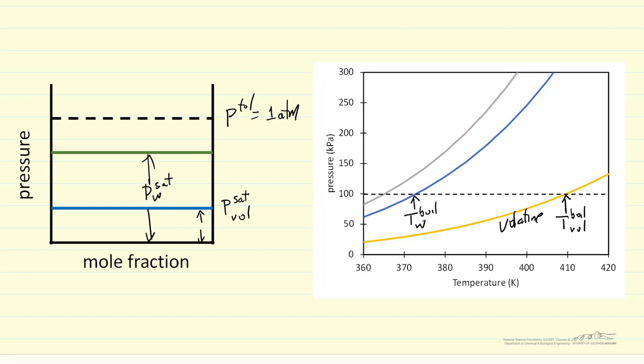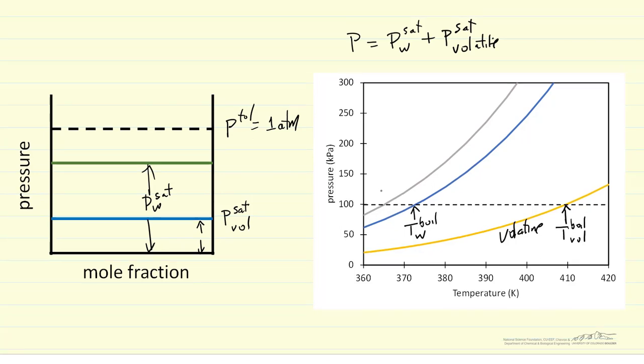When we have immiscible liquids, the pressure above them is just the saturation pressure of the water plus the saturation pressure of the volatile. We can add them together because they're immiscible. So the boiling point of the mixture is here. It's lower than the boiling point of water, and much lower than the boiling point of the oil.